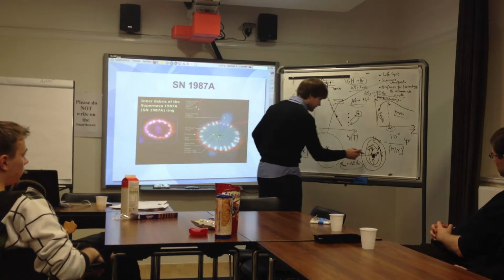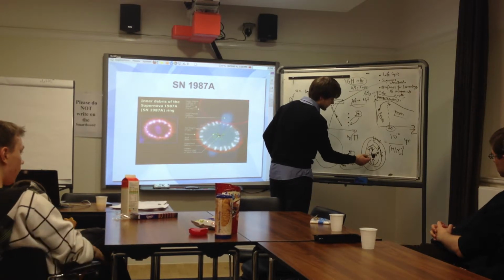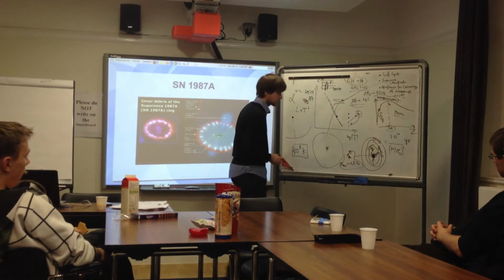And this energy is roughly comparable to the energy of the gravitational pressure, which is why that energy plus the energy of the neutrinos bounces those layers away, and then you get an explosion.